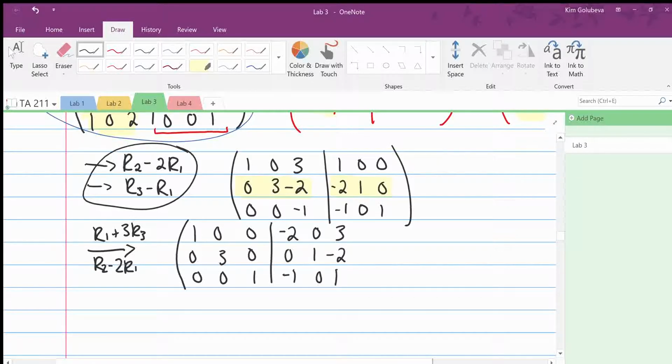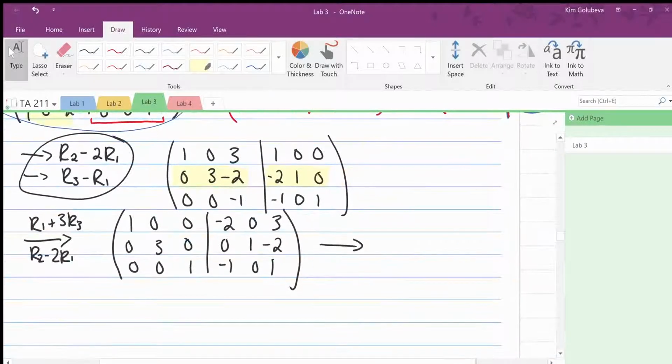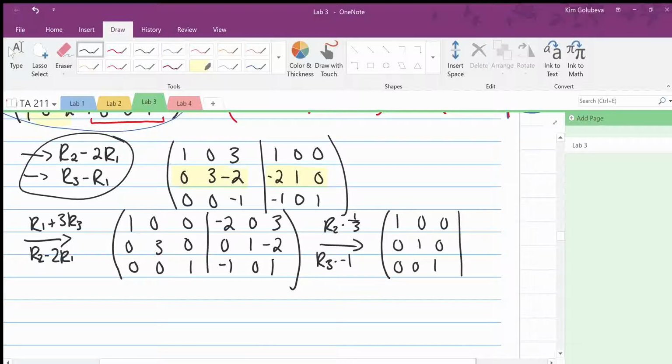I do the same sort of thing. So I'm going to go row 2 times 1 over 3 and row 3 times negative 1. And I will end up with just the identity on this side, so reduced row echelon.